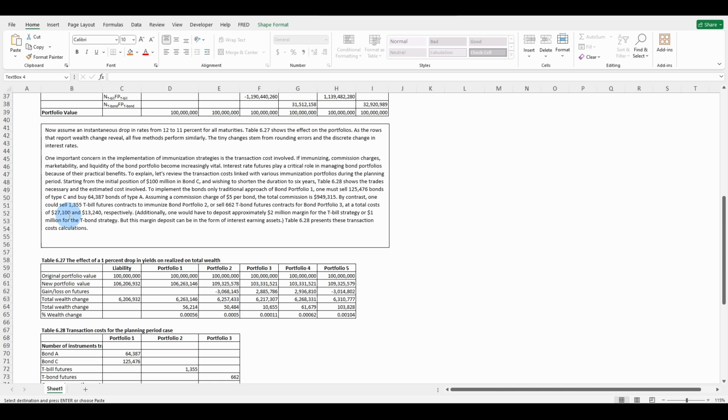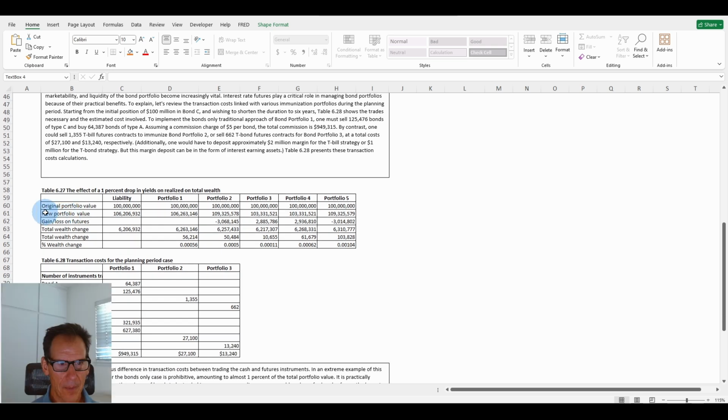Additionally, one would have to deposit approximately $2 million margin for the T-bill strategy or $1 million for the T-bond strategy. But this margin deposit can be in the form of interest earning assets. Table 6.28 presents these transactions and the costs.